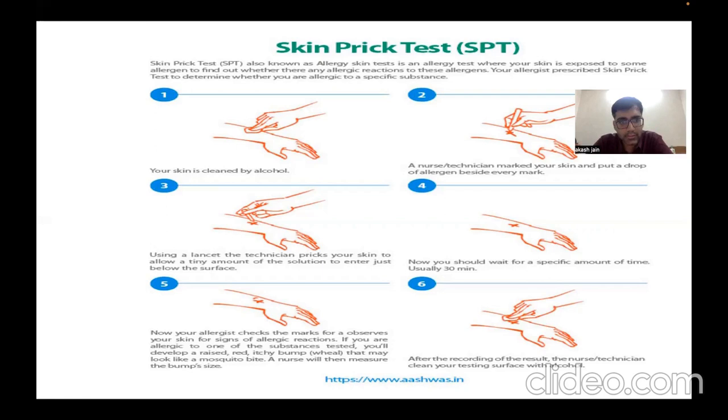Using a lancet, the technician pricks your skin to allow a tiny amount of solution to enter just below the skin surface. Now you have to wait for a minimum of 30 minutes, and it is checked. If you're allergic to one of the substances, you will develop a red raised itchy bump, a wheal, that may look like a mosquito bite. And according to the recording of the result, if it is positive, it is indicative of an allergic skin prick test.